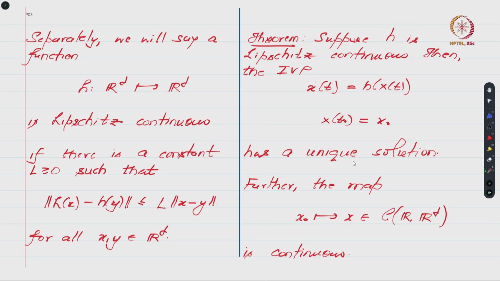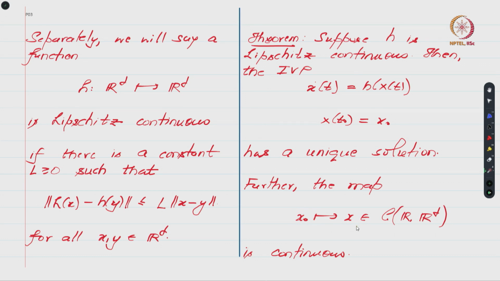So this is the mapping from time to a value in R^d, and this theorem is insisting that if your h is Lipschitz continuous, you will be able to find a unique map which satisfies these two conditions simultaneously. And the second half of this theorem says that the map from x naught to x is continuous.